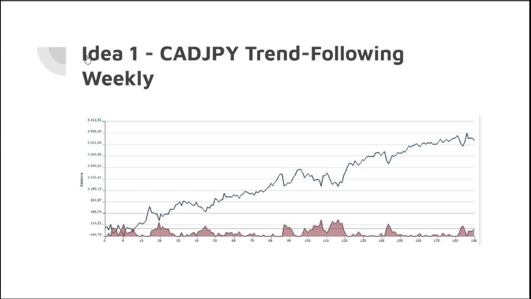So, Canadian dollar against Japanese yen, a trend following idea. The number of trades is only 200, but keep in mind that we are using a weekly time frame. And what I did here is something like: let's see if last week it ended above, if it went up more than 0.5%.